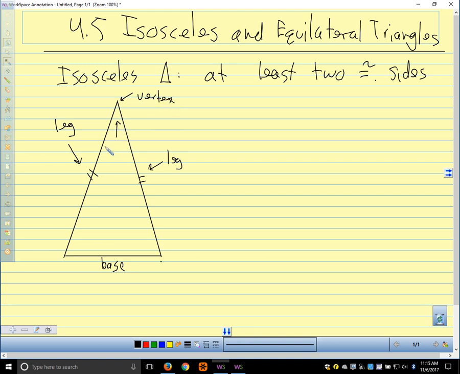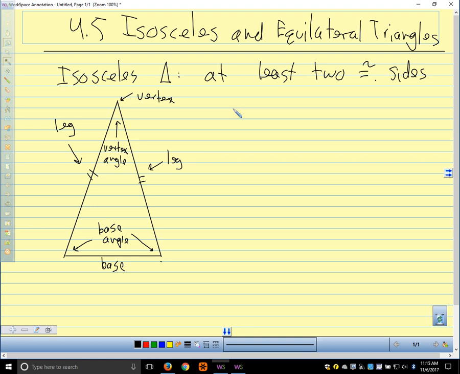And then this would be the vertex angle. And these are base angles. So we have two congruent legs, two base angles, a vertex angle, a base, etc. So when you see drawings of isosceles triangles, or get a description of isosceles triangles, they're just going to use this vocabulary.